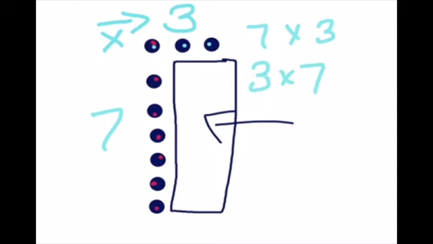So how do I figure this part out? Well, if I already know my multiplication facts, I could already tell you the product, right? But how could I use this covered array to help me solve this problem? By using the area model, right?